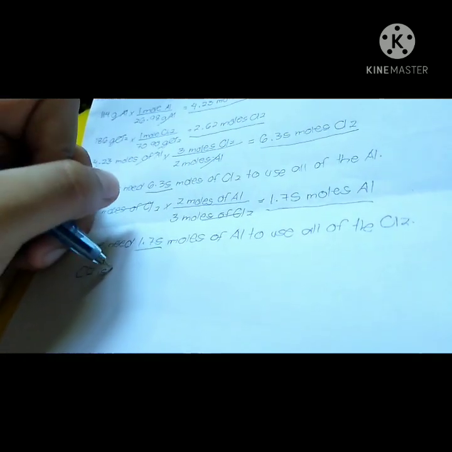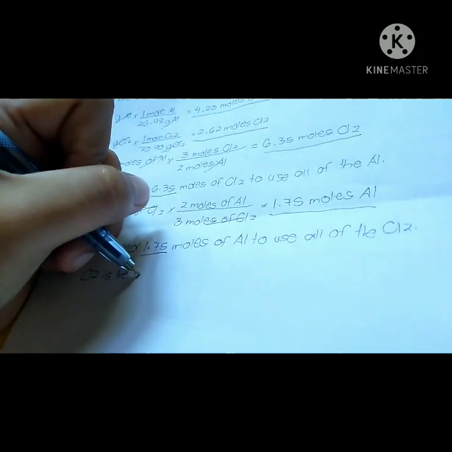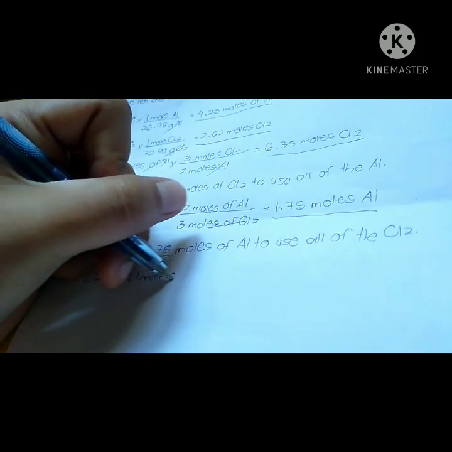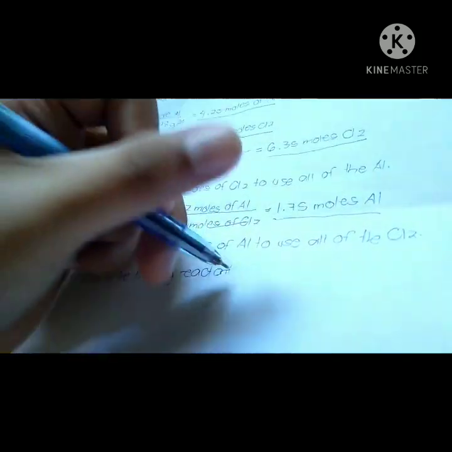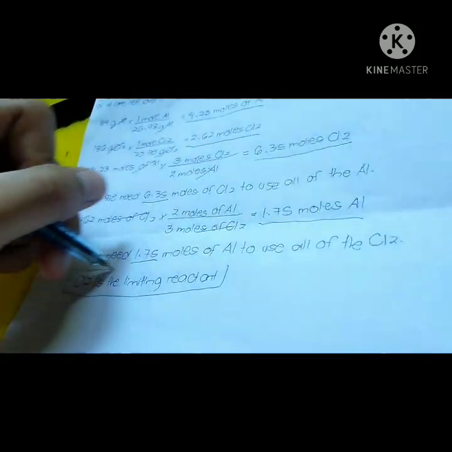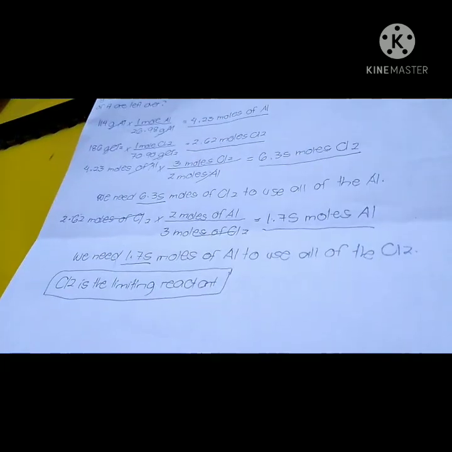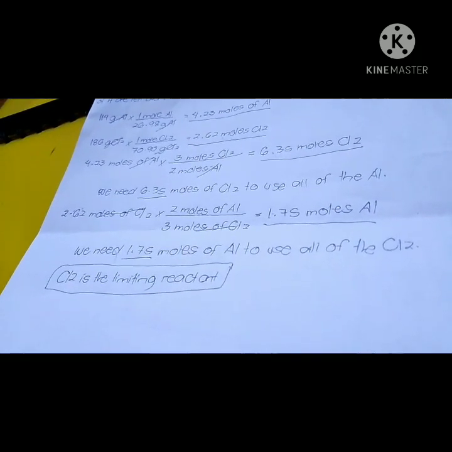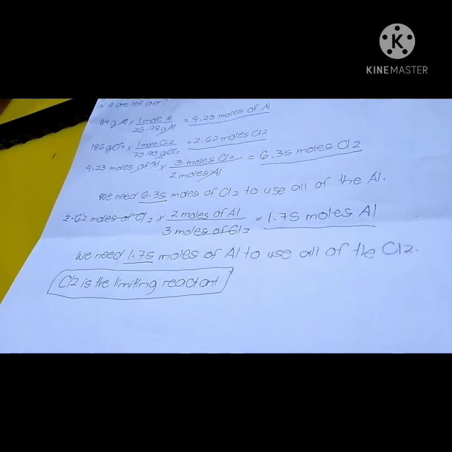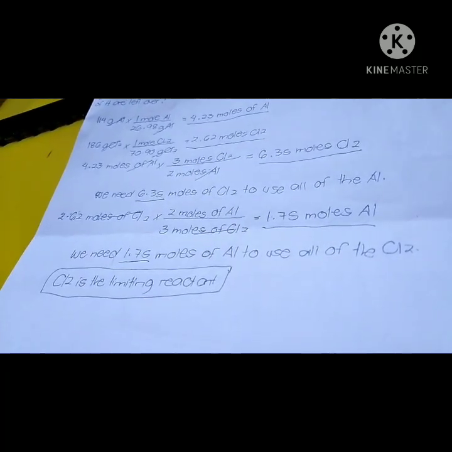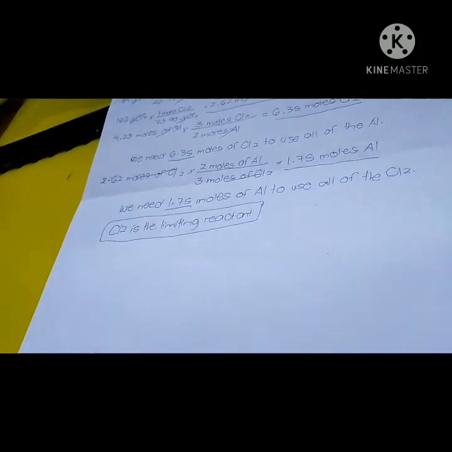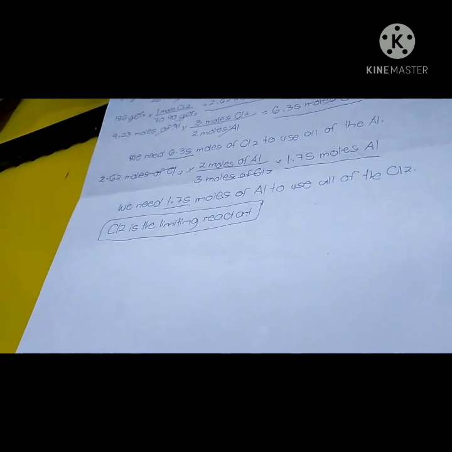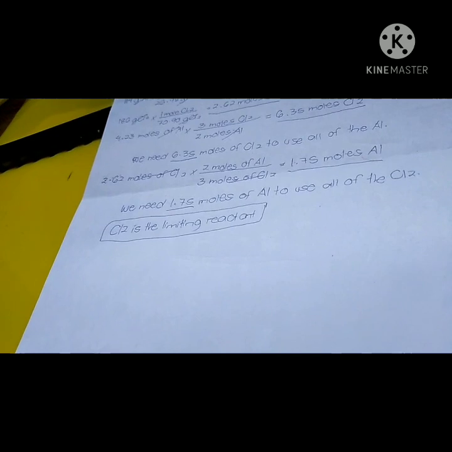Cl2 is the limiting reactant. The amount of Cl2 that we have is limiting the amount of product that we can make. It's the thing that's holding us back. Now, we want to figure out how much AlCl3 we can make.